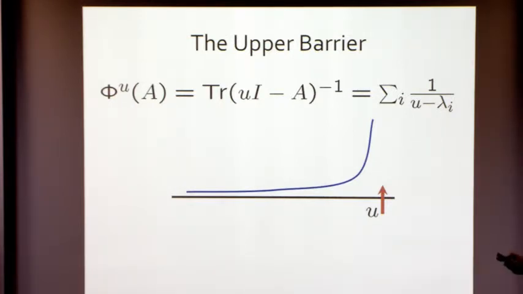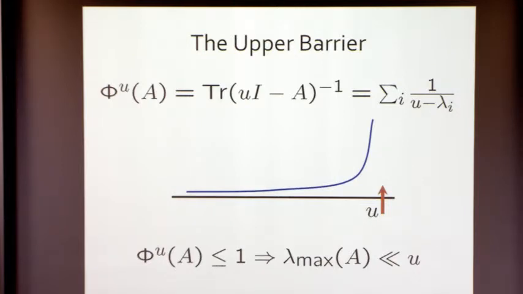I'm going to formalize that by looking at this function, the trace of (uI minus A) inverse, which is just the sum of 1 over (u minus lambda_i). So it's the sum of reciprocal distances from eigenvalues. It's the trace of the resolvent. You may have seen this as the Stieltjes transform in random matrix theory. In any case, it's a familiar object from the calculation that I did with the expected characteristic polynomial.